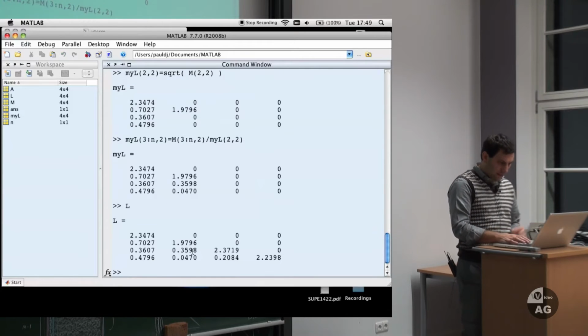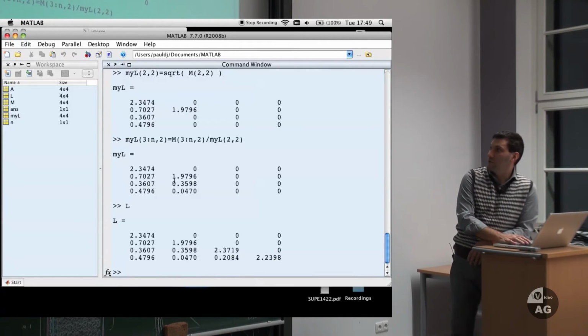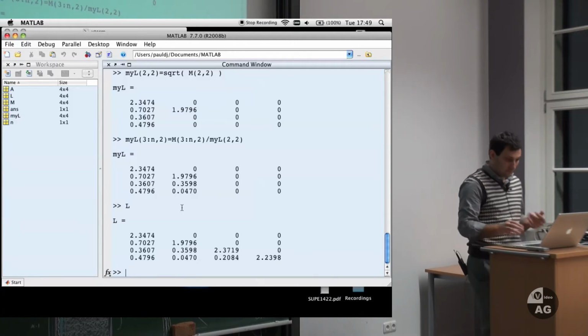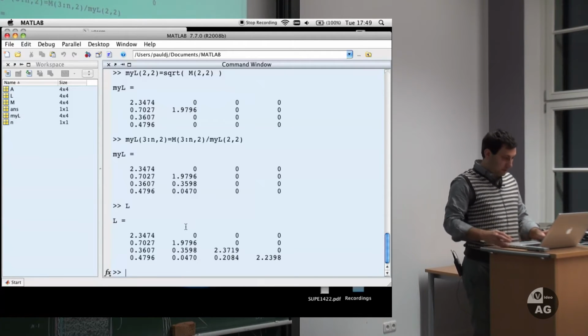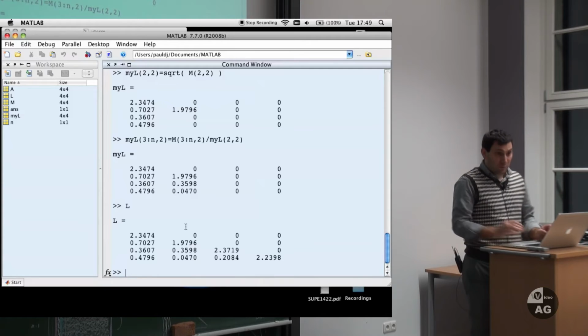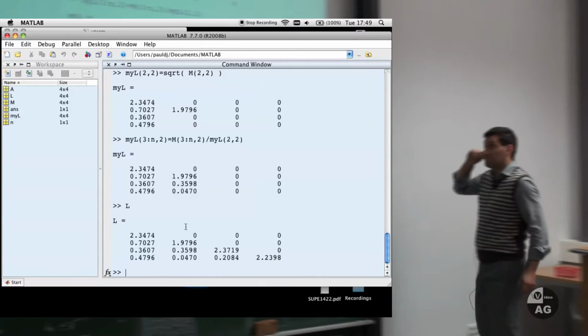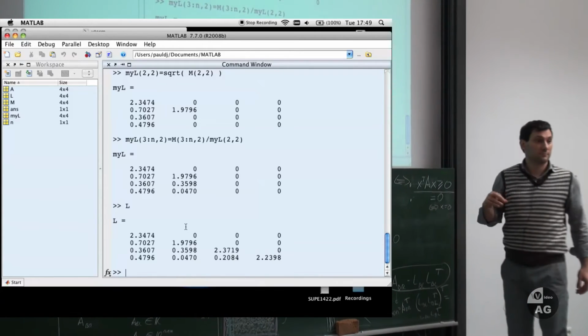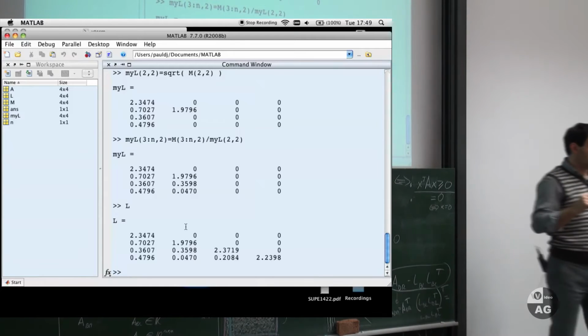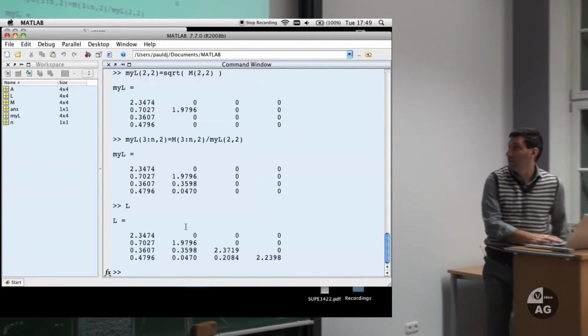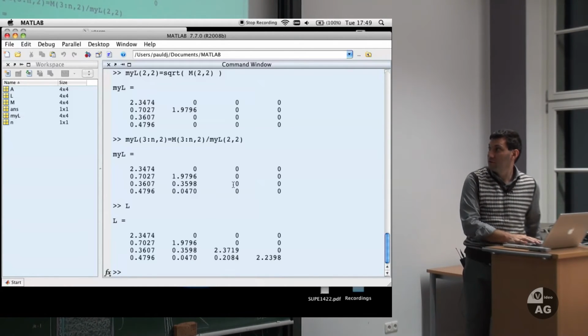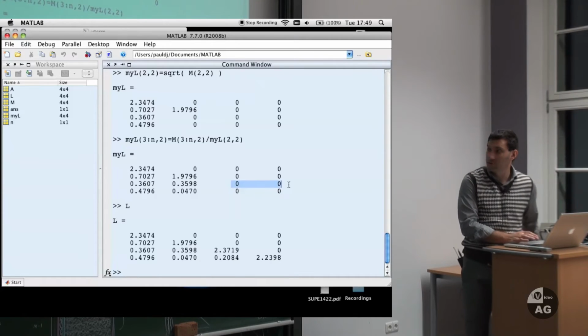And we look back at L, and we are still right. Getting lucky today. What do we have to do now? Update, yes, the bottom right part of M, which means this quadrant there.